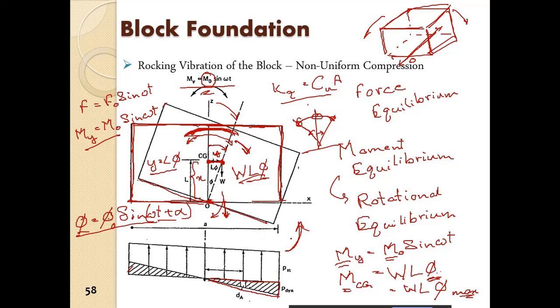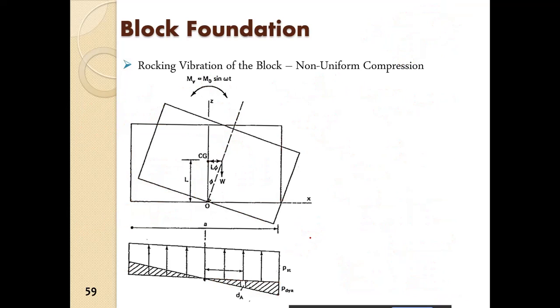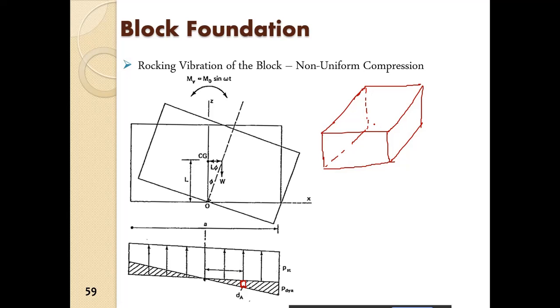So now let us find out the stabilizing moment, since these two are destabilizing. To find it out, we take a small area dA. If we have the block in this manner, and this is the axis of rotation, dA is basically a strip here.